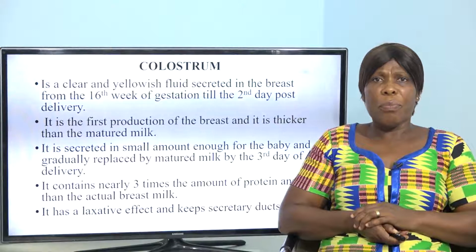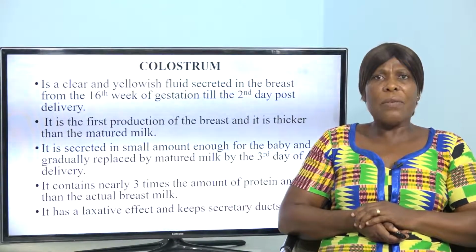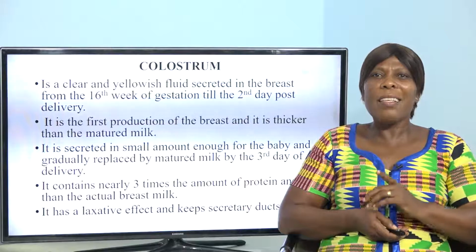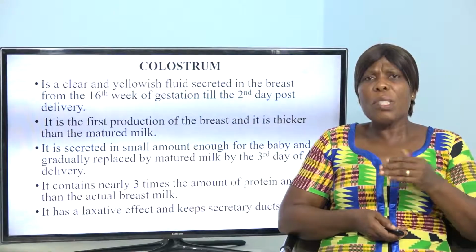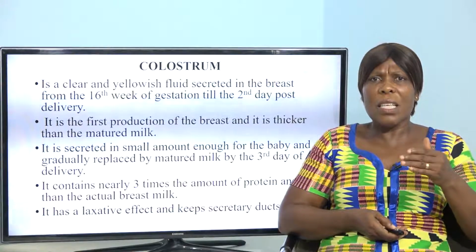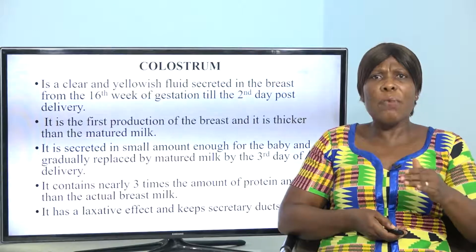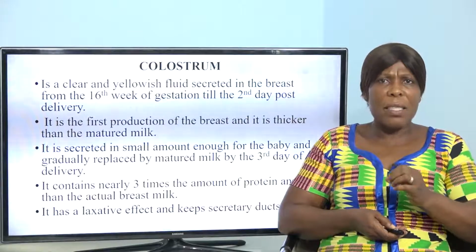The colostrum is a clear and yellowish fluid secreted in the breast from the 16th week of gestation to the second day post-delivery. So you could see that the colostrum starts its production right from pregnancy, the 16th week, when you start having the fetal movements.